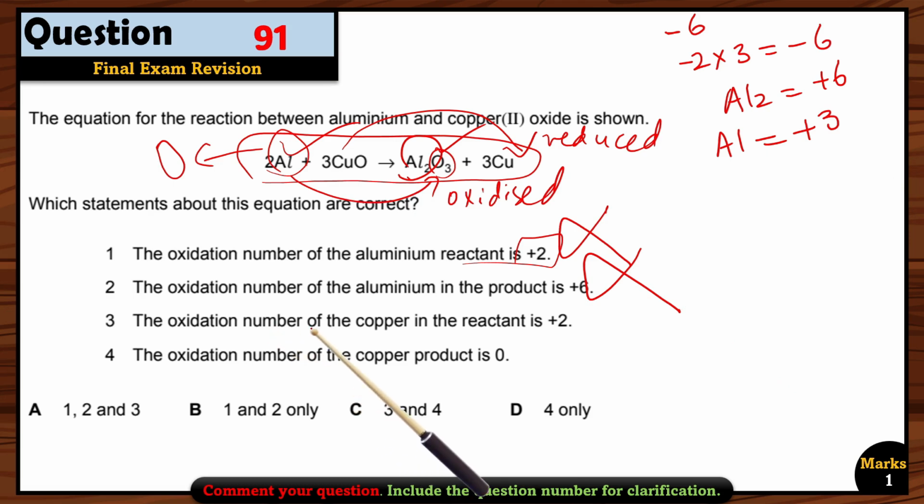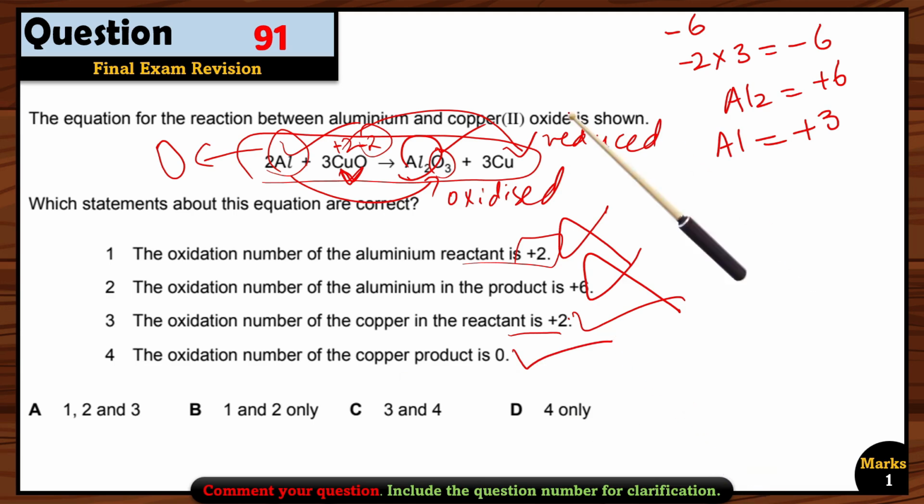The oxidation number of copper in the reactant is +2. How? Because we already know that the oxidation state of oxygen is -2, right? So if it is -2, then copper is +2, because they are equal in number, 1 and 1. So this option is right. The oxidation number of copper in the product is 0.